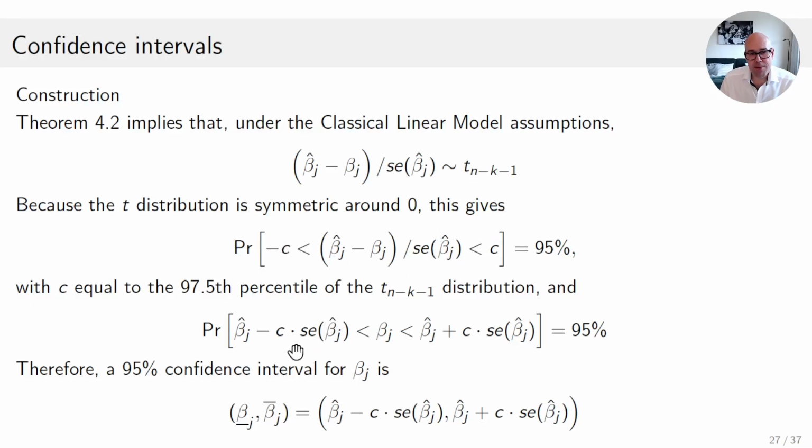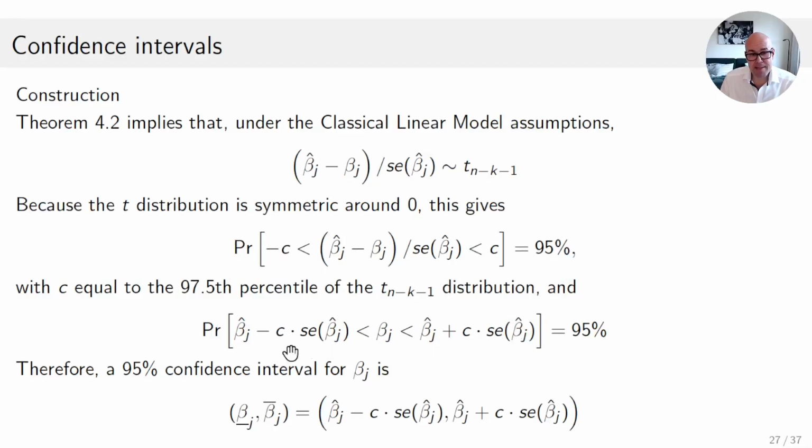I can rearrange things, so I can just write it as this. This is the same as the probability that beta j hat minus c times the standard error of beta j hat is less than beta j, and then again less than beta j hat plus c times the standard error of beta j hat.